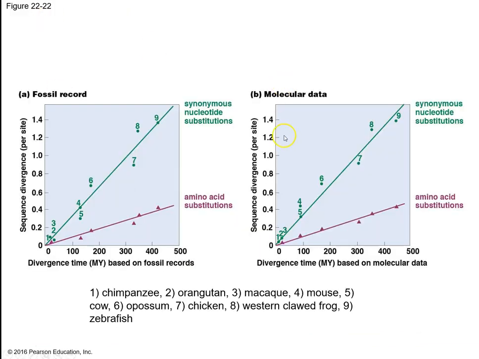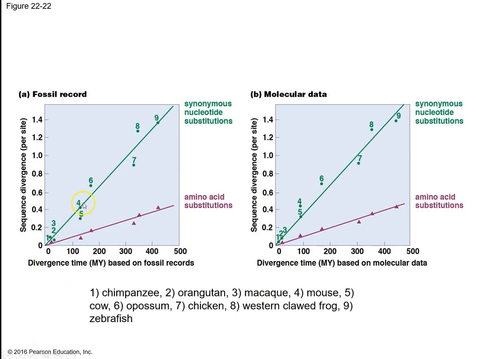So if you look here, this is showing you based on molecular data, and actually you see that they correspond pretty closely, right? So if you look here, these are the corresponding numbers, right? It's human versus chimpanzee, human versus orangutan, human versus monkey, human versus mouse, human versus cow.